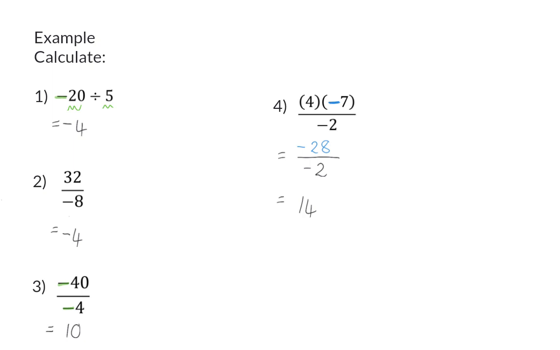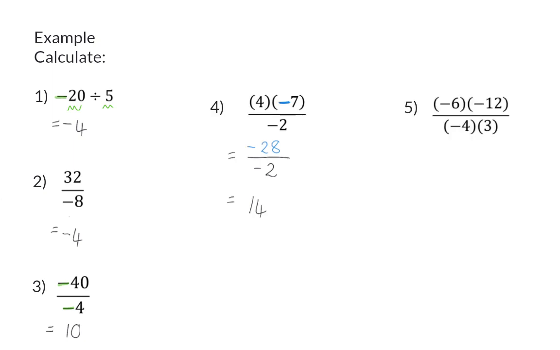In example 5, I'm going to start off simplifying the numerator and denominator by multiplying. In my numerator, I have a minus multiplied by another minus, which will form a plus. 6 times 12 is 72.